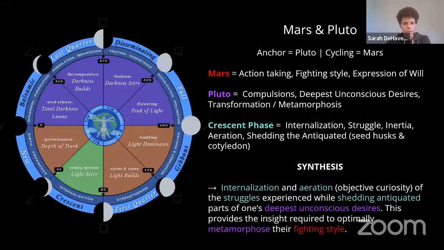So let's look at our examples, Mars and Pluto. Oh, right. So the keywords for the crescent phase, again, are internalization, struggle, inertia, aeration, shedding the antiquated, which we could say are like the seed husks, and even that part in the seed that feeds the seed a little bit. I keep getting this word mispronounced, but it's like cotyledon or something like that.